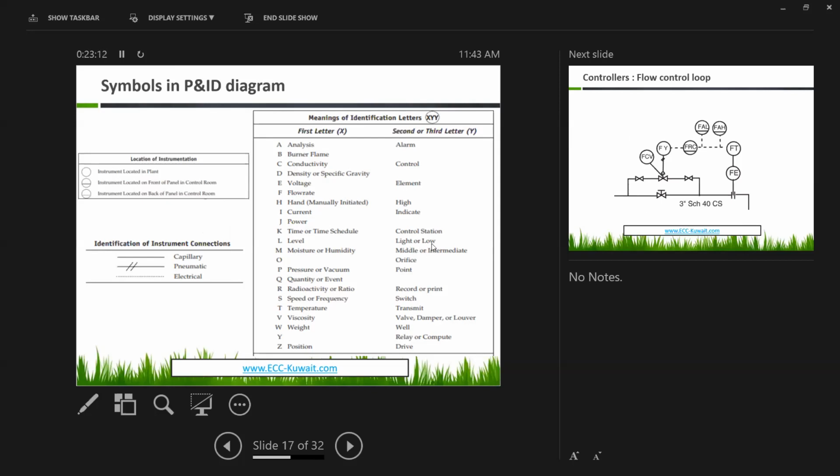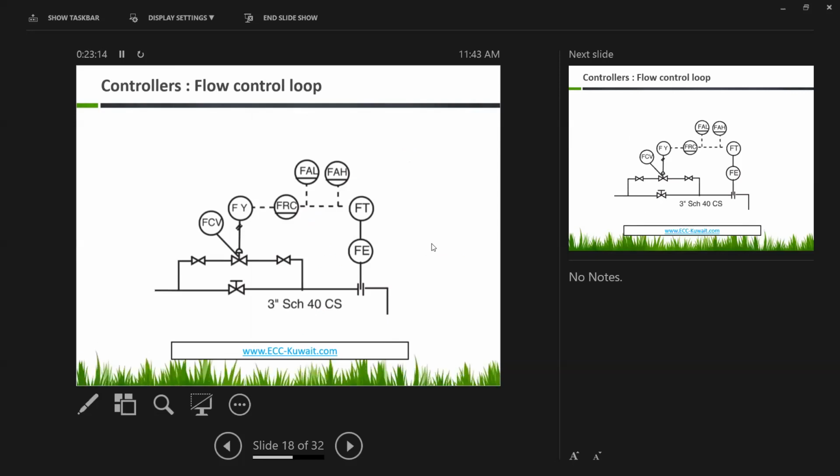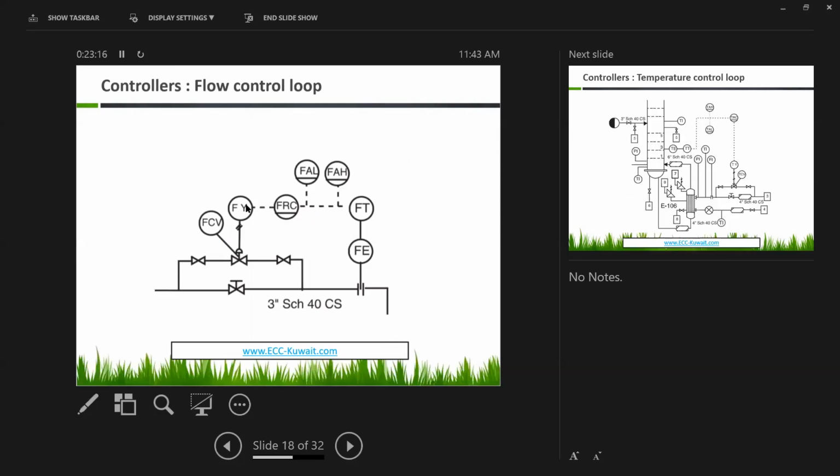Okay, good. Then we go to FRC. This is flow rate record control. This is the controller. The conversion occurred inside this device. After that, the decision electrical signal goes to FY.